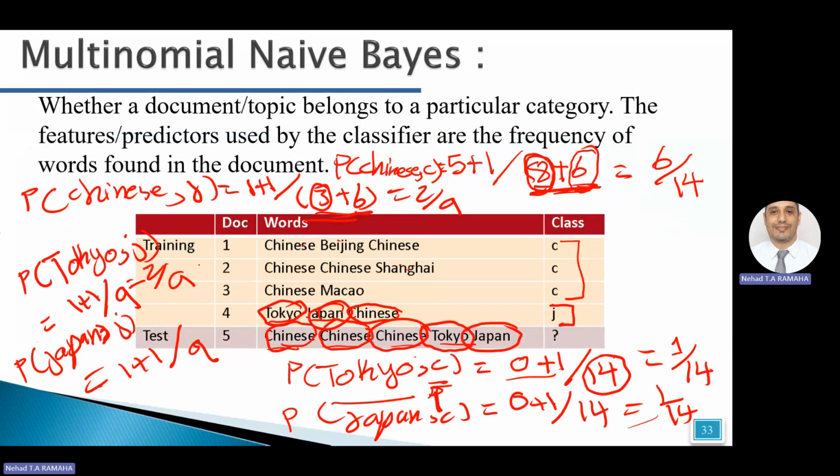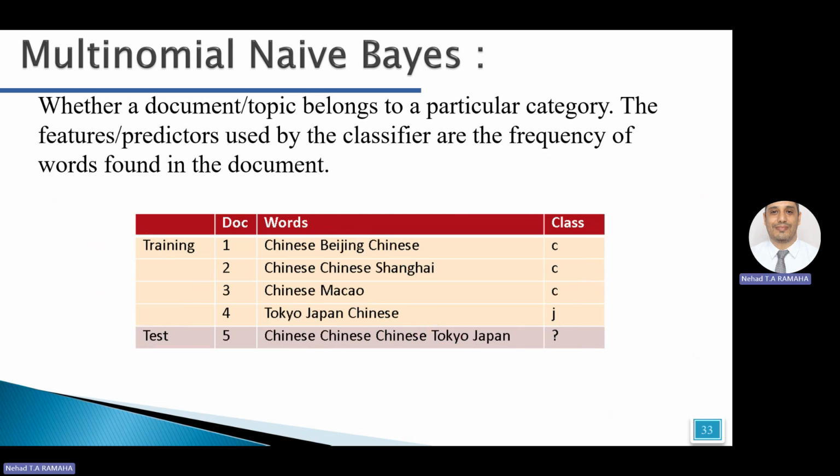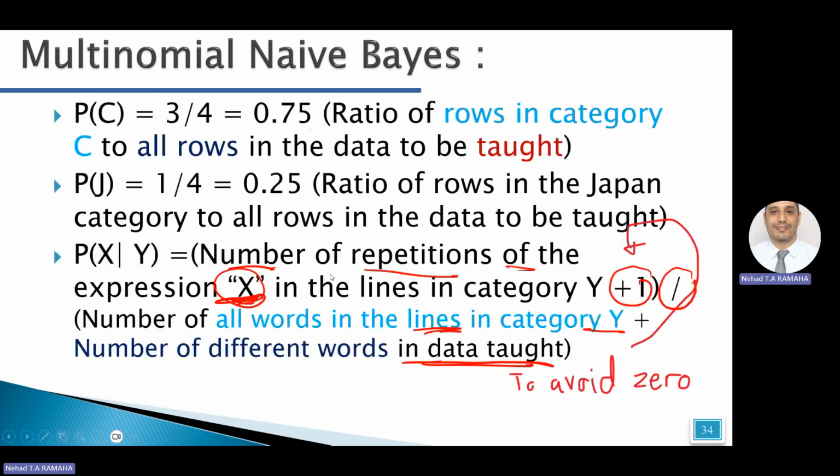As you can see, the multinomial and the Bernoulli naive Bayes have a little bit of differences when we speak about repetition of words. So here only the different words. How to calculate the probability of a specific word for a specific category.